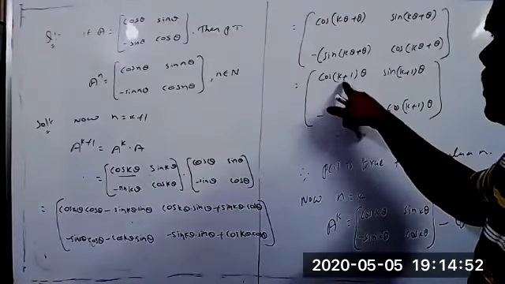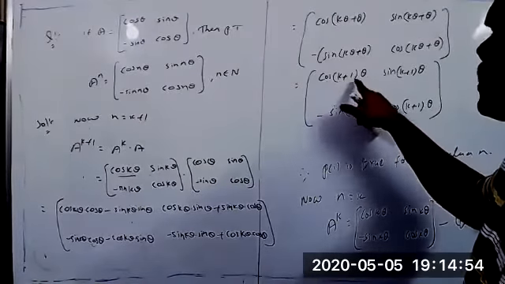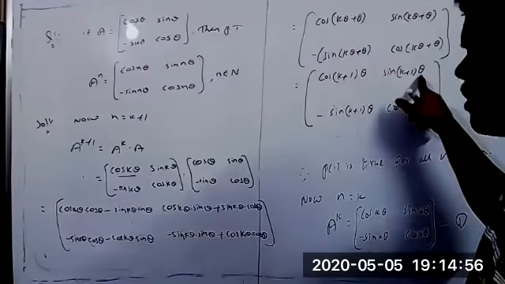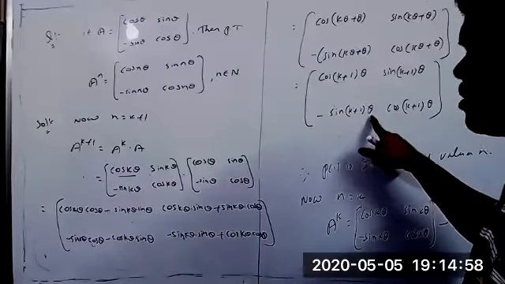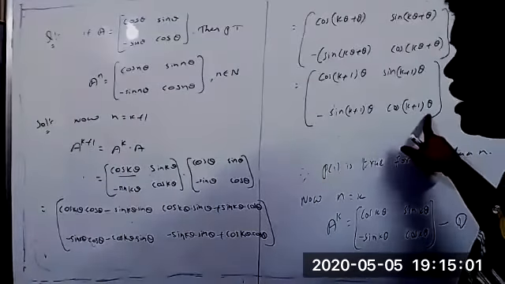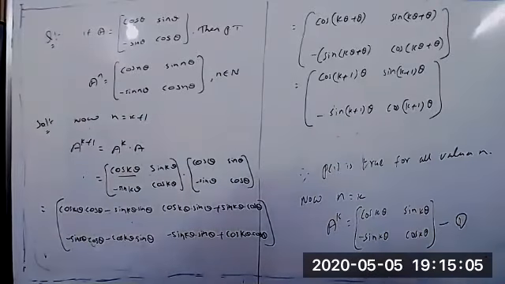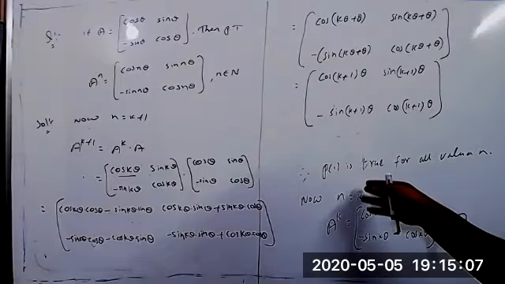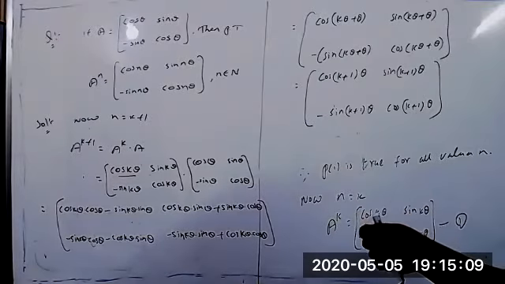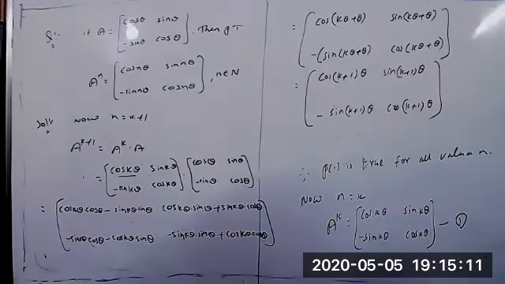See, this is the n value now: cos k plus 1 into theta, sin k plus 1 into theta, minus sin k plus 1 into theta, and cos k plus 1 into theta. It means, if you take in the n value any natural number, here it is n equal to 1, n equal to k, n equal to k plus 1. So the three cases are compulsory, and they are natural numbers only.